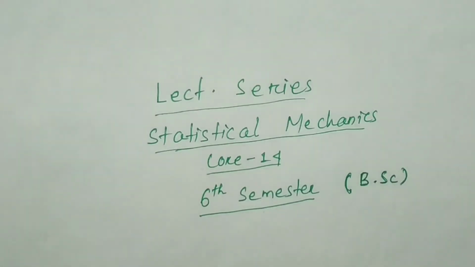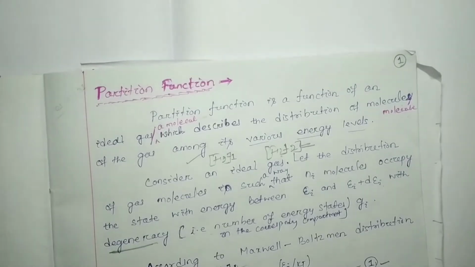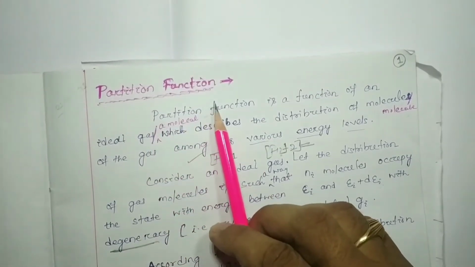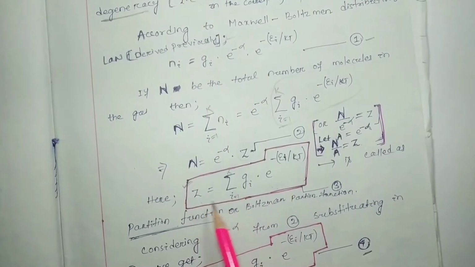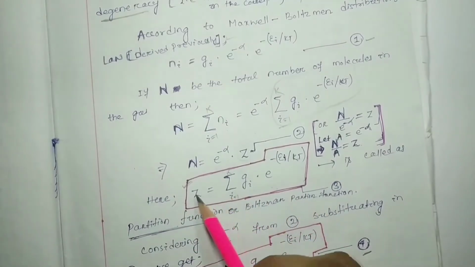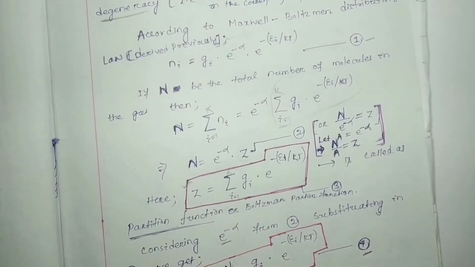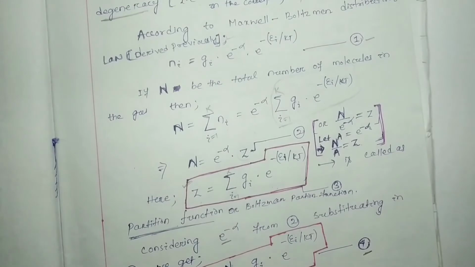In our last class, we discussed the partition function in detail. This is nothing but the Boltzmann partition function, which represents how the particles are distributed in each and every energy level of the whole system.